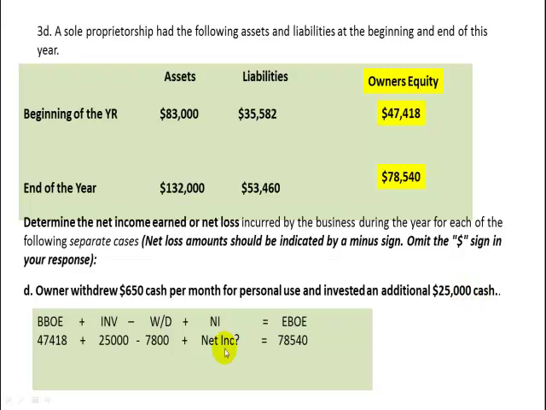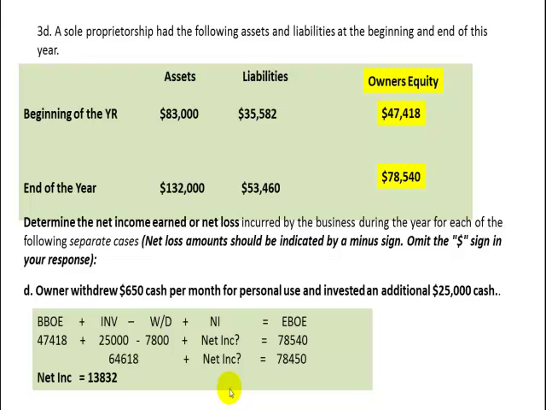We have a beginning balance, $47,418, plus investments of $25,000, minus withdrawals of $7,800, and when you add net income to that, you end up with an ending balance of owner's equity of $78,540. When you combine all three of these pieces, you get $64,618 plus net income equals $78,450. The difference will be net income, which would be $13,832.